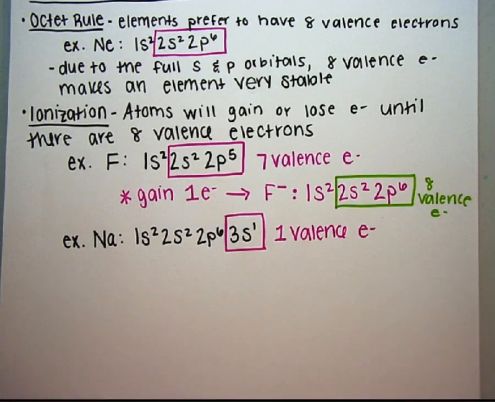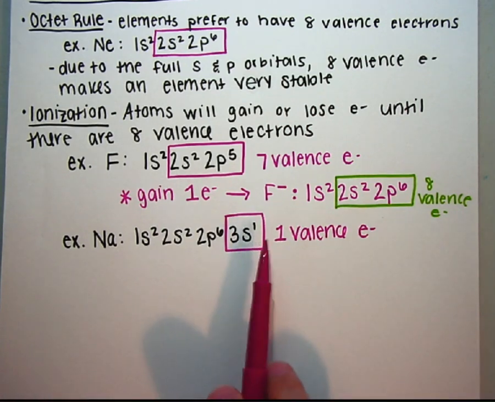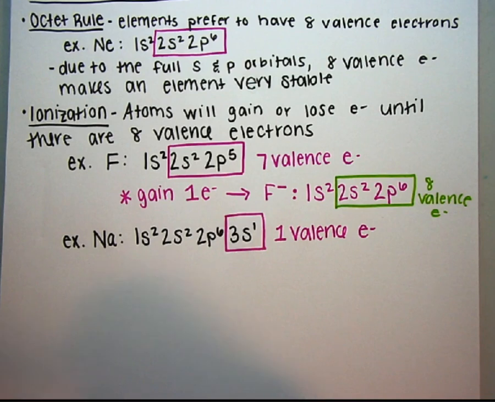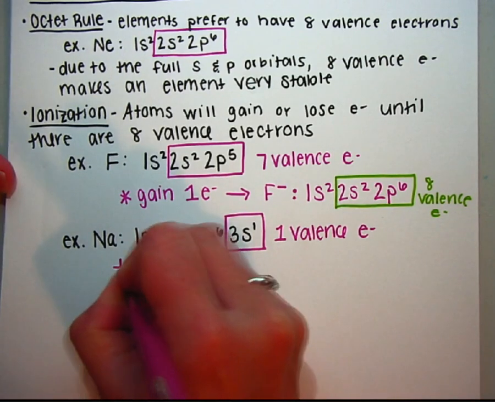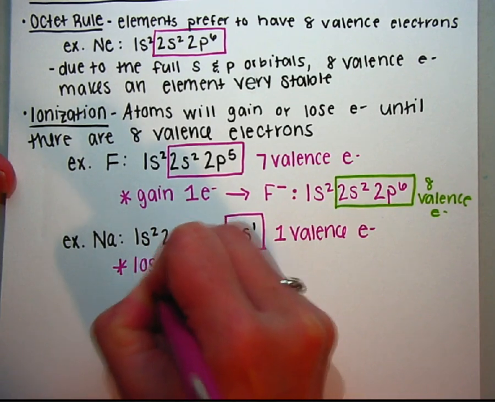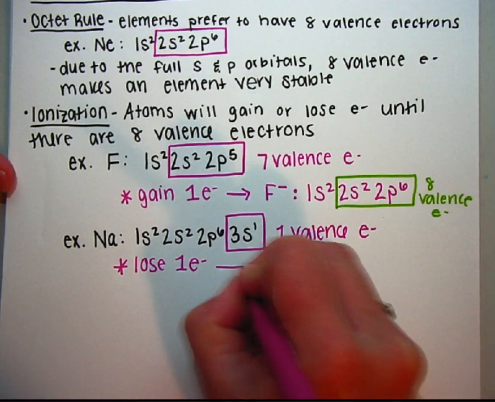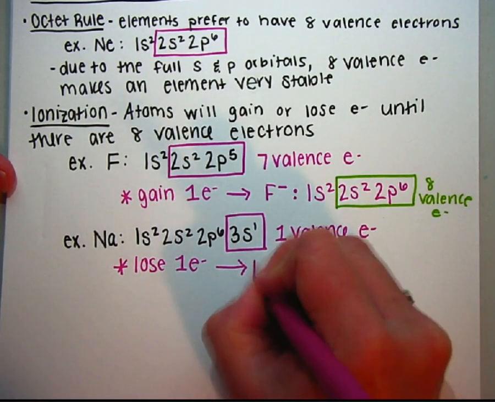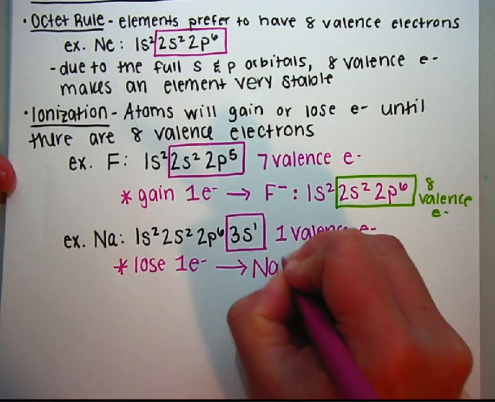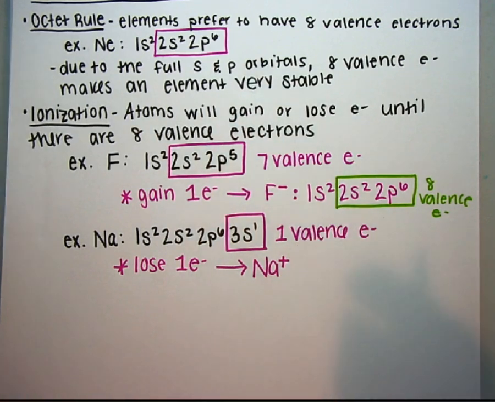So sodium can either gain 7 electrons, but that would take a lot of energy. So instead, sodium can lose 1 electron. If it loses an electron, and electrons are negative, it's like subtracting a negative, sodium becomes positive.